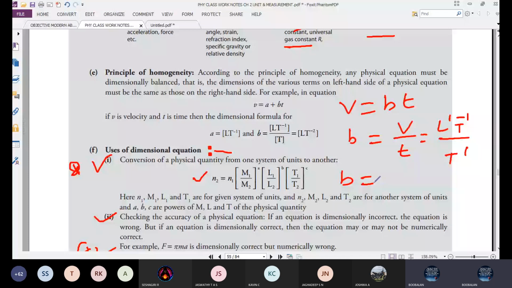So this is the formula. Please take notes.